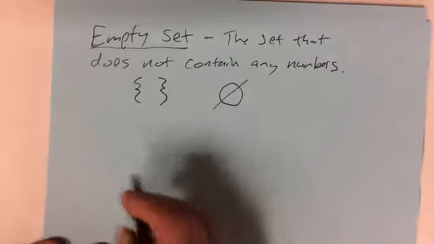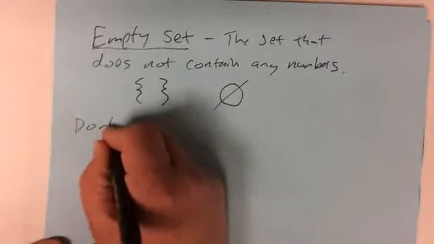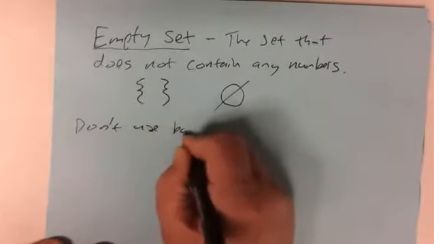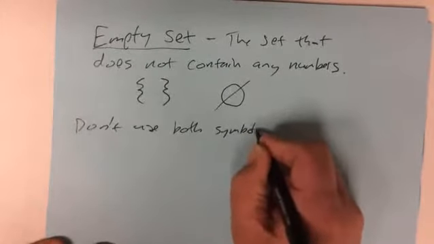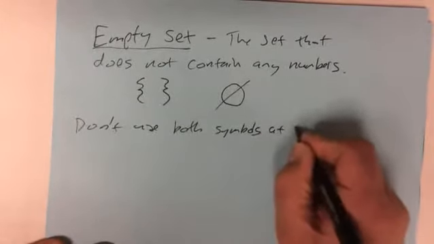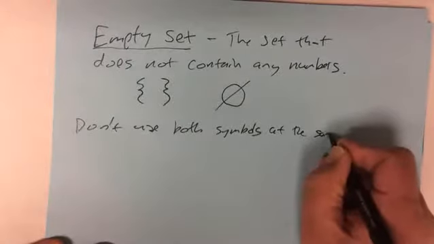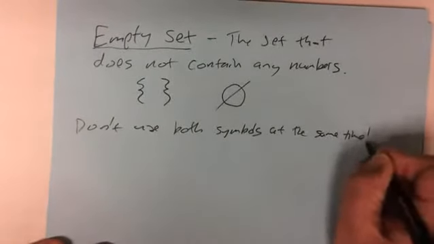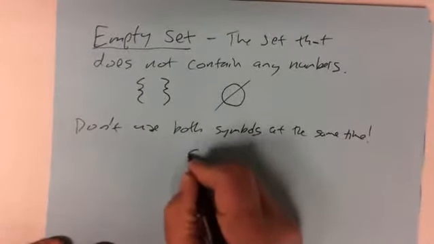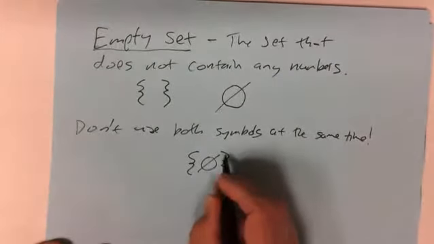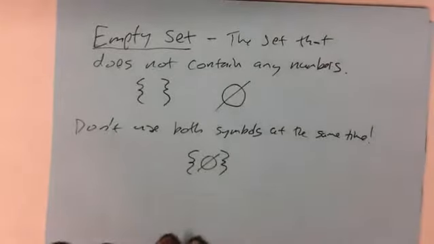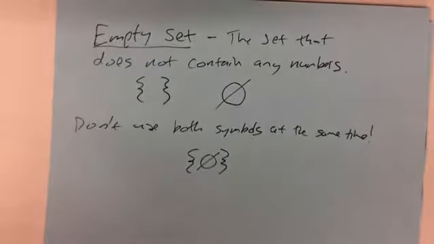Okay, now you want to be careful. Don't use both symbols at the same time. And what I mean by that is, don't do this. Don't put the null set inside the brackets, because now you actually don't have the empty set anymore.